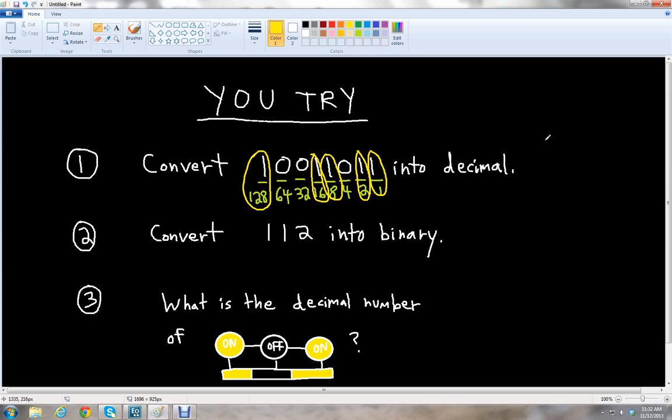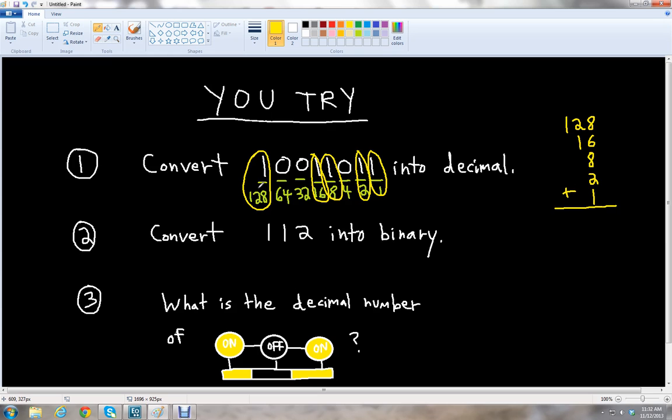So 1, that's the 128. So that's our largest number. Then we have another 1 at 16. Another 1 at 8. And then a 1 at 2. And the last one is at 1. So we just add all those together.